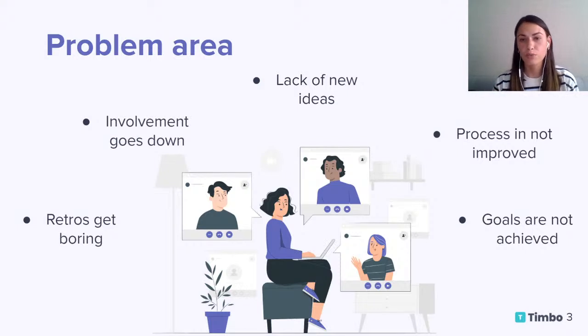It will mean that your process will not be improved. If you are not improving, if you're not inspecting and adapting, sooner or later your team will be not great at achieving bigger goals. We know those problems, they are well known, and one of the solutions to them is diversifying your retros, and you probably know that.